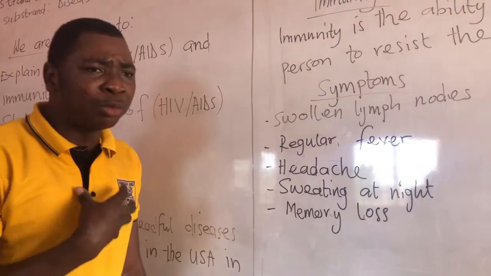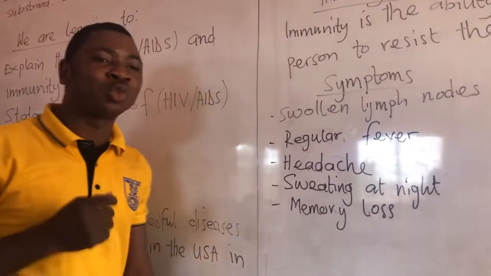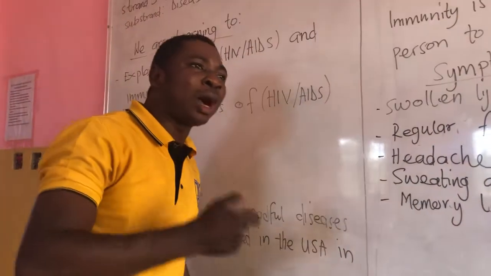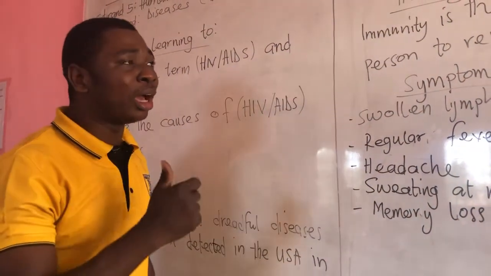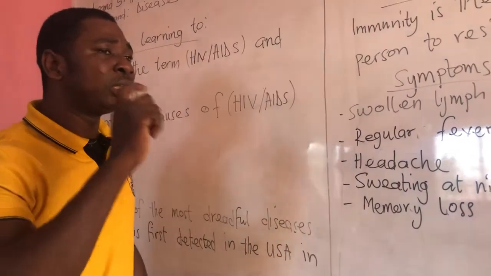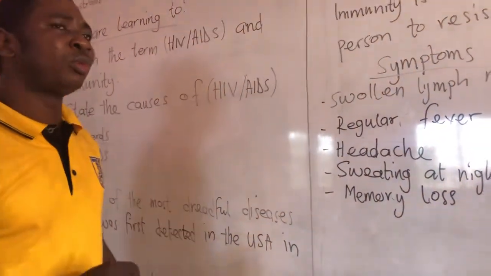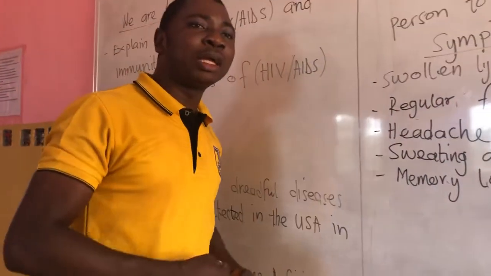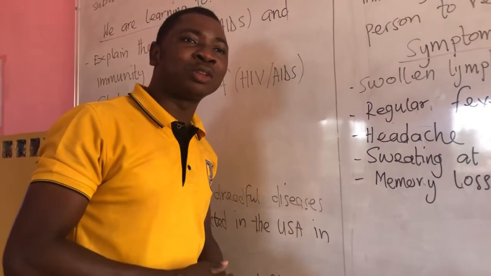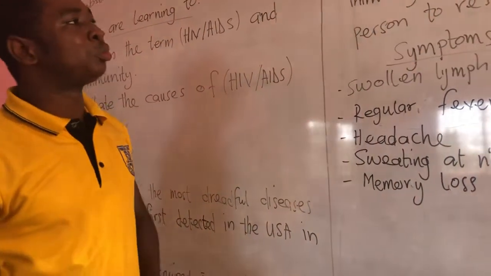When this immune system is weakened, that is where we acquire the disease called AIDS, acquired immunodeficiency syndrome. When your immune system is very weak, this disease can easily attack you.